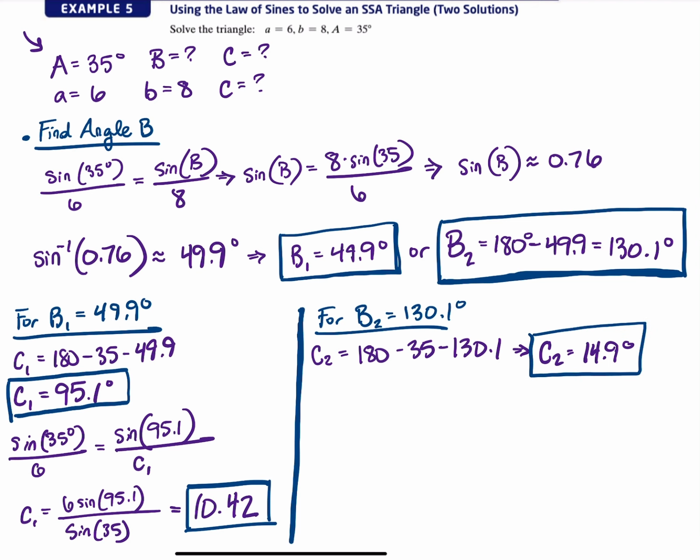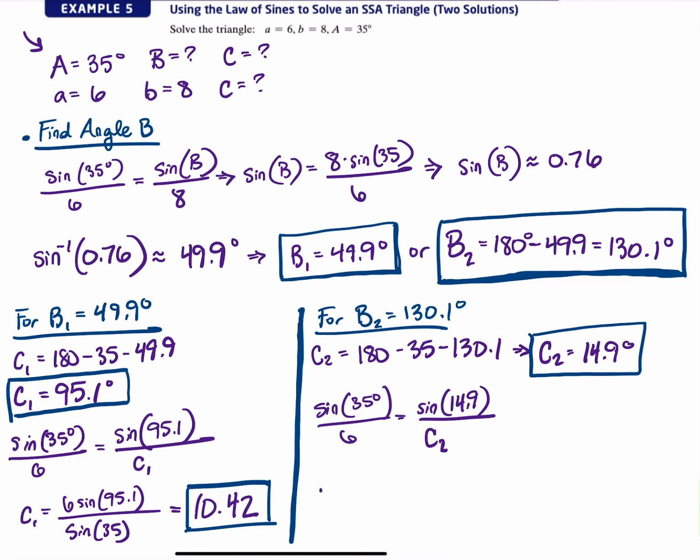And then let's find what its associated side length would be. So I can say the sine of 35 degrees, so I'm going to relate A and C again. Sine of 35 over 6 should be equal to the sine of 14.9 over C1. Or I'm sorry, over C2.